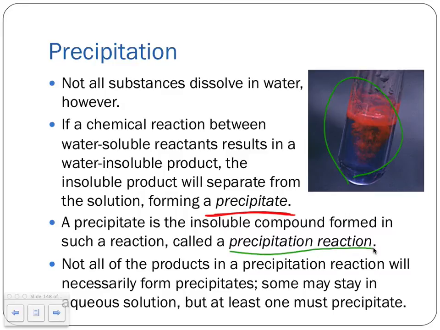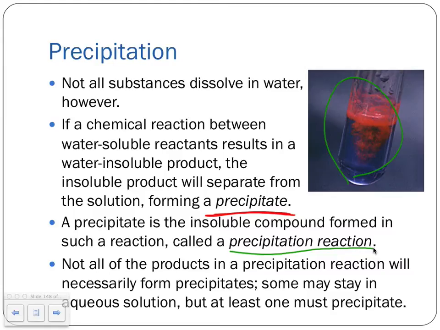In general, we'd say that a precipitation reaction produces a precipitate, the insoluble compound formed in a precipitation reaction. Now, that doesn't necessarily mean that all of the products in the precipitation reaction will be precipitates. You might have two different products that are formed, one of which is soluble and stays dissolved, and one of which is insoluble and falls out of solution as a precipitate. That would still be considered a precipitation reaction.